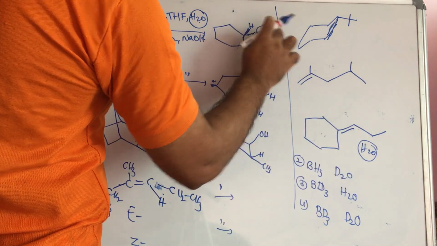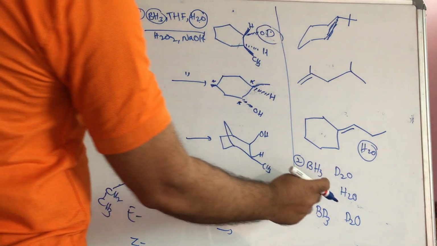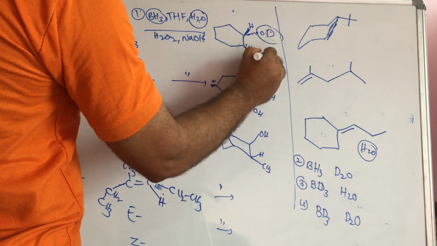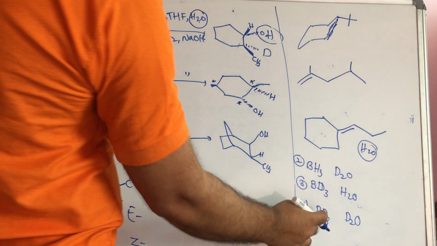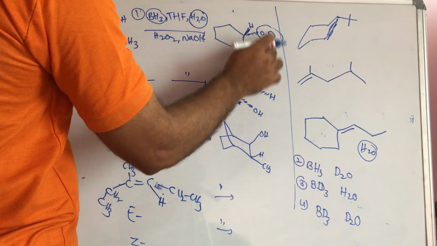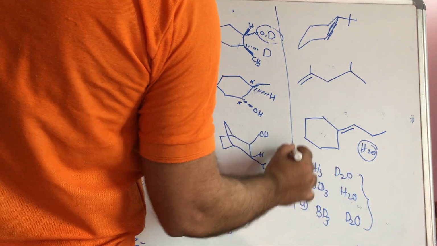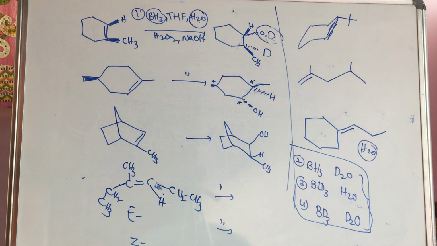That's why here we will get D2O, meaning OD. If BD3 and H2O are there, then we will get D here and H here. If both are deuterium reagents, then we will get both as D. So this is also a very important type. So thank you very much.